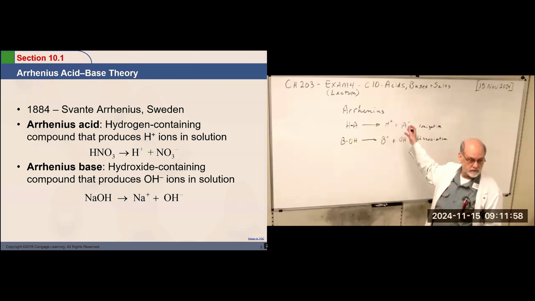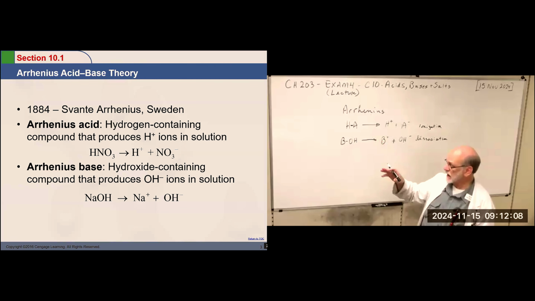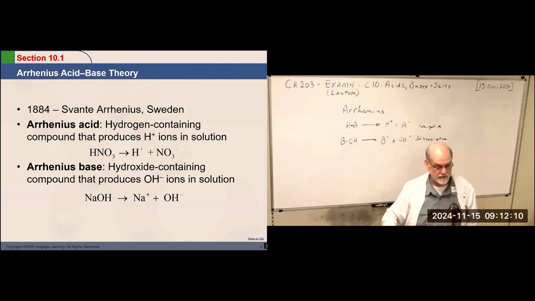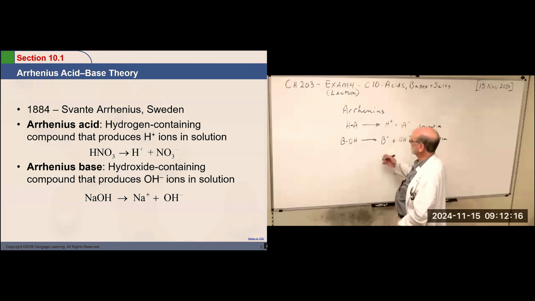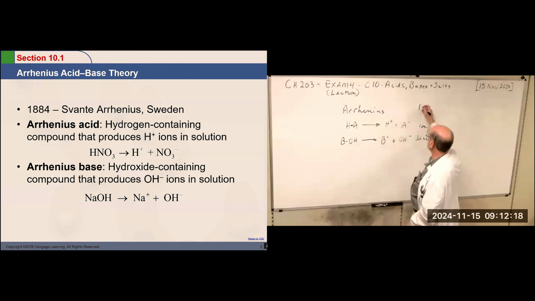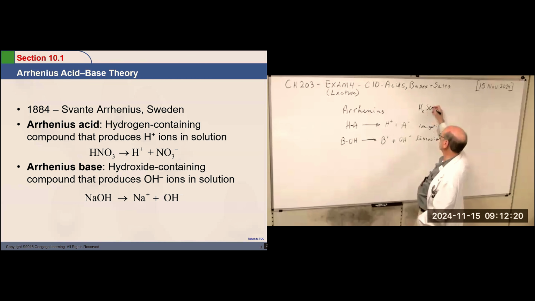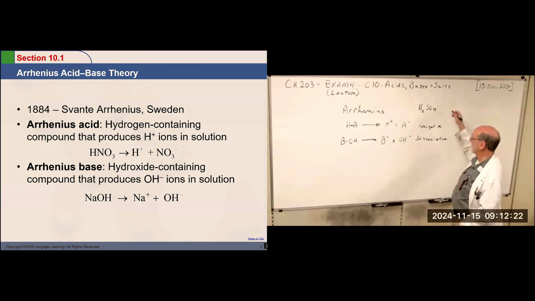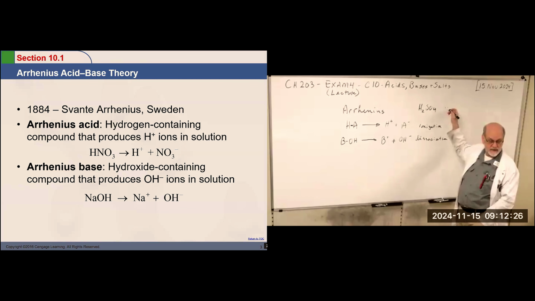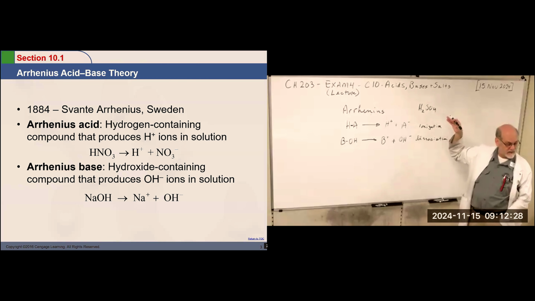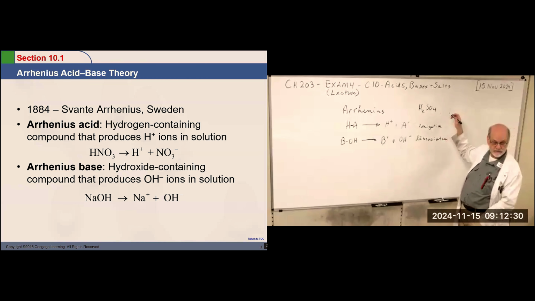And you're given a couple of examples there, nitric acid and sodium hydroxide, for example, acid and base. But we could have something like sulfuric acid. Oh, and by the way, what do we say about acids and bases? You don't use the naming convention unless they're in solution.